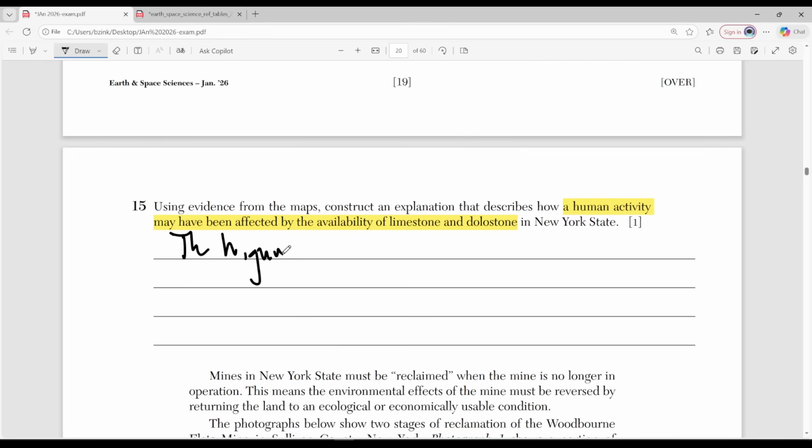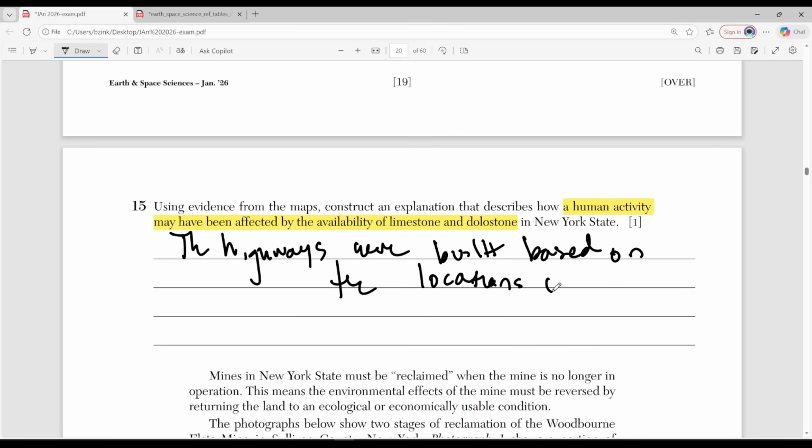So we could say the highways were built based on the locations of the mines. We could say how a human activity may have been affected by the availability of limestone and dolostone.